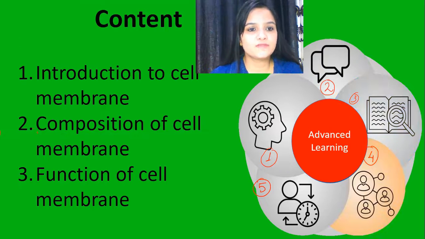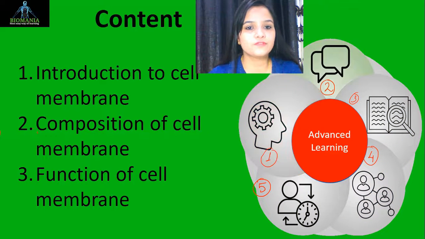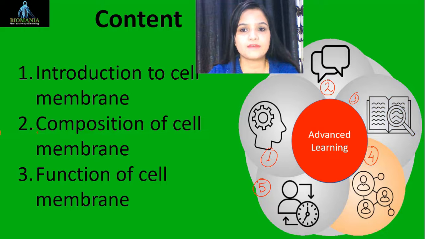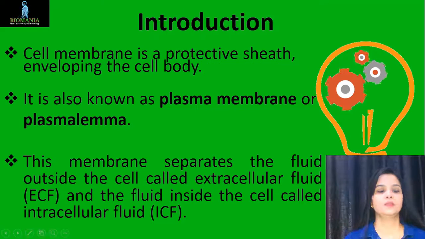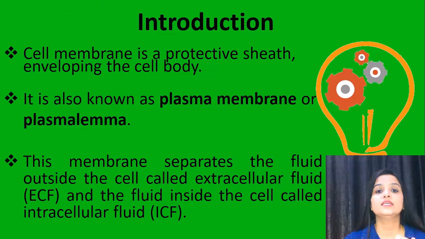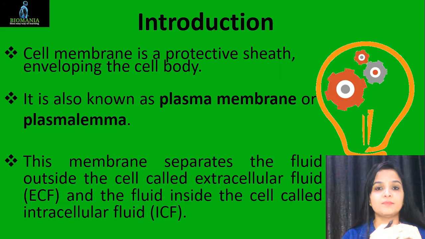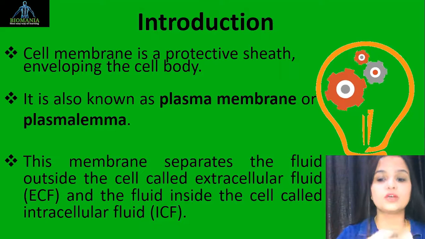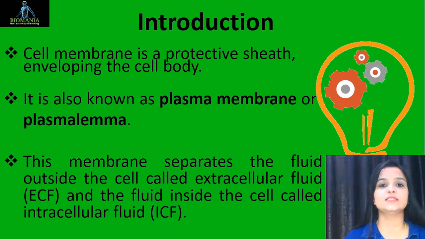So let's start the first topic, the introduction of the cell membrane. Let's have a look. Cell membrane, as it shows, is a membrane, which means it is an outer covering that protects the cell body.